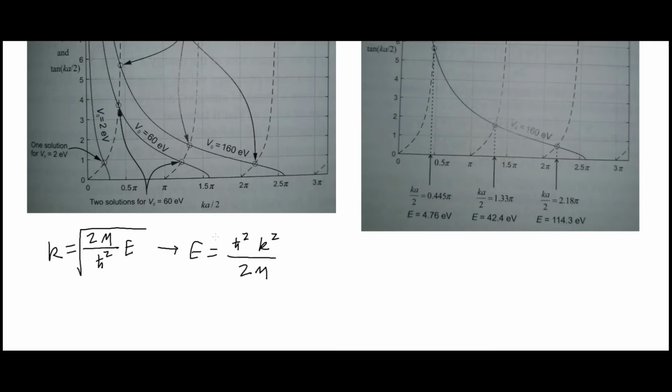And from the infinite rectangular well, we know that k was n pi over a, and so we can say that this for the infinite, so maybe we'll put a little superscript infinity here, was equal to n squared pi squared h bar squared over 2m a squared.